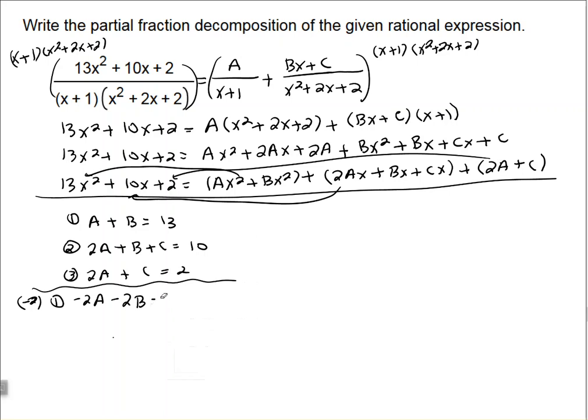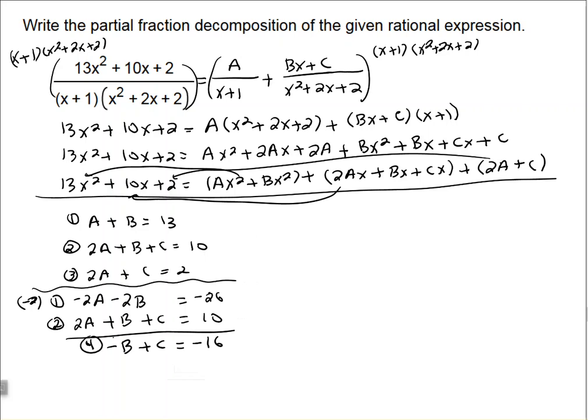Equation 2, I'm going to leave it the same. I'm going to leave a little room here for the missing c variable. All right, let's combine those. So that gives us negative 1b plus c equals negative 16 for my new equation 4.